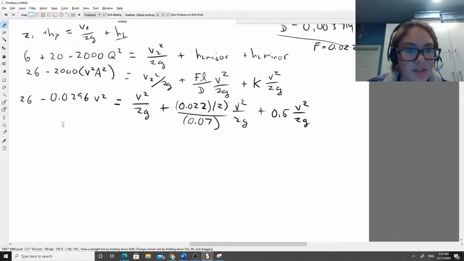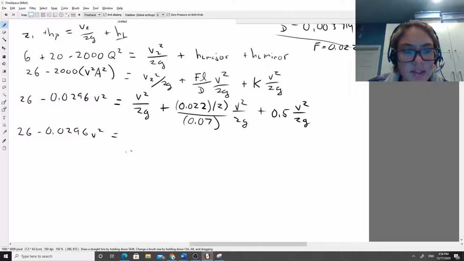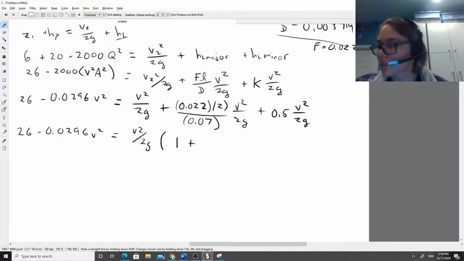So let's go ahead and continue down here. We'll rewrite this. 26 minus 0.0296 V squared is equal to, and I'm going to go ahead and take the V squared divided by 2G out of here. That's going to be 1, right? 1 for this. What's this number going to be?